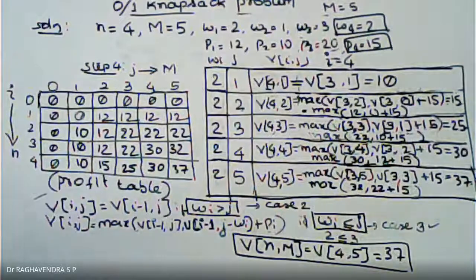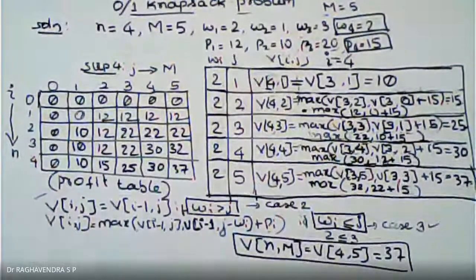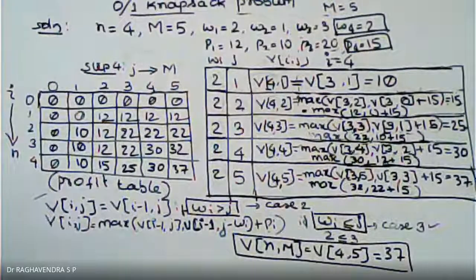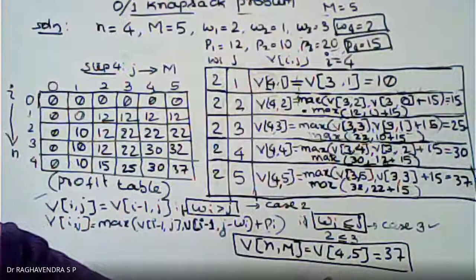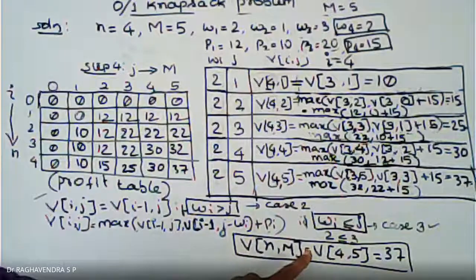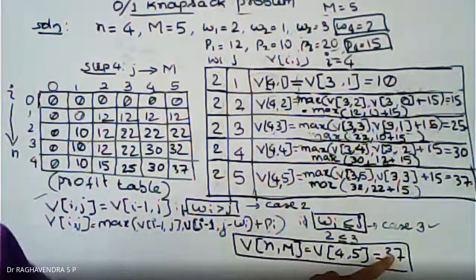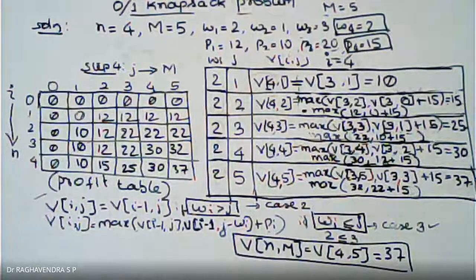Therefore, the optimal solution V of n comma m is equal to V of 4 comma 5, which is equal to 37. 37 is the optimal solution.